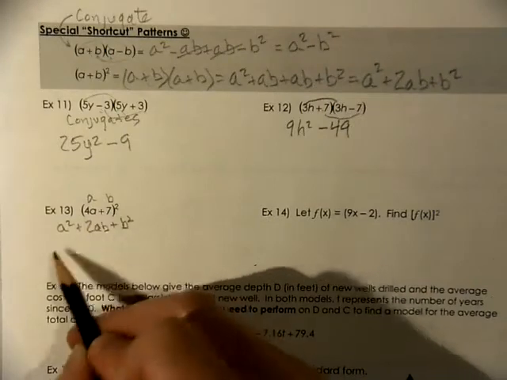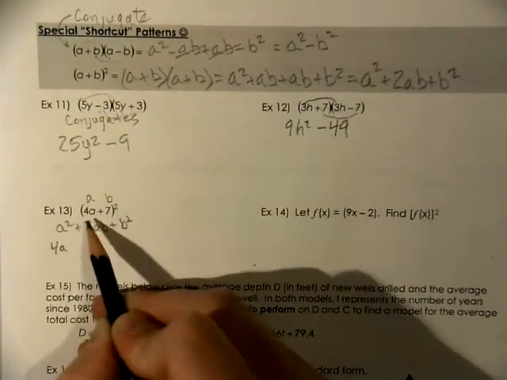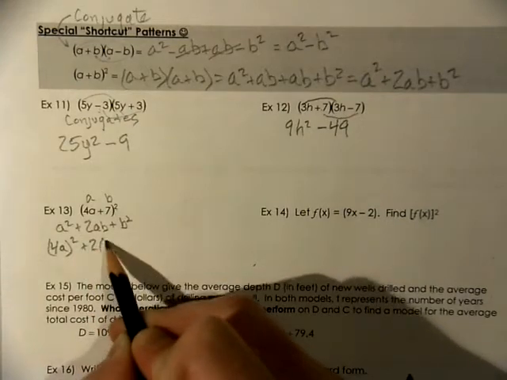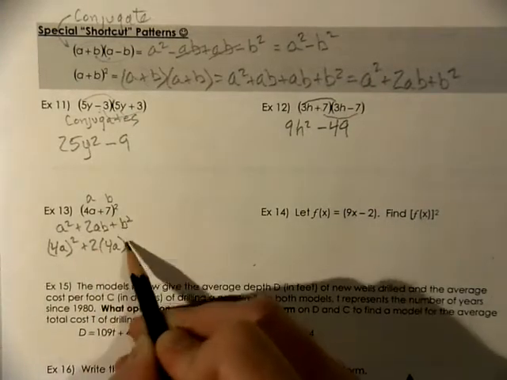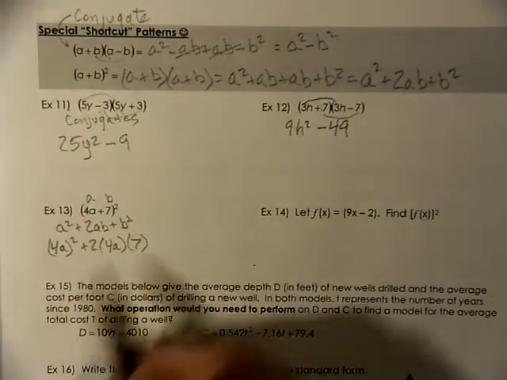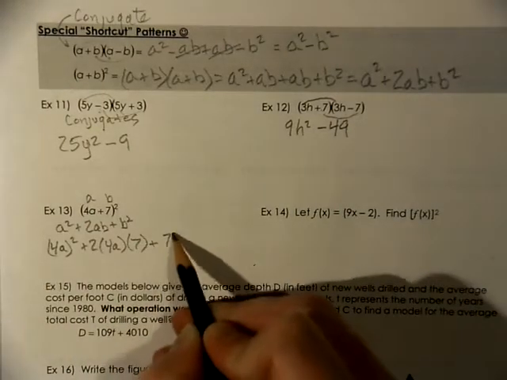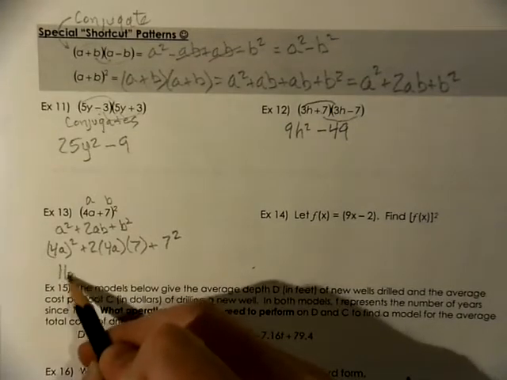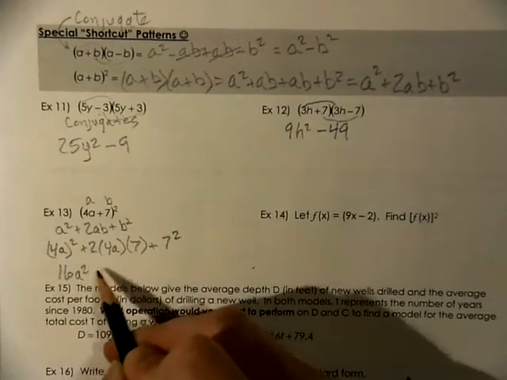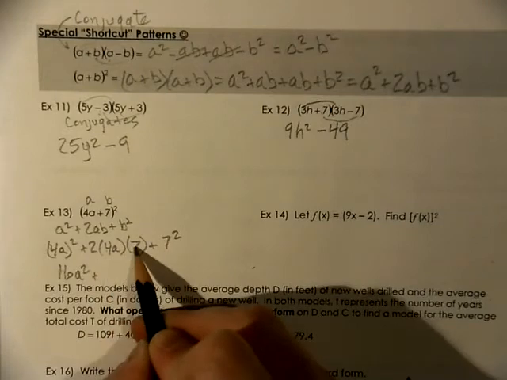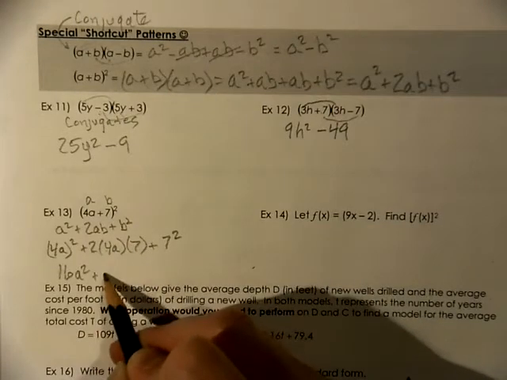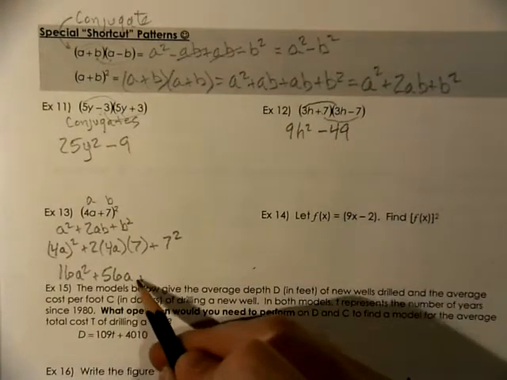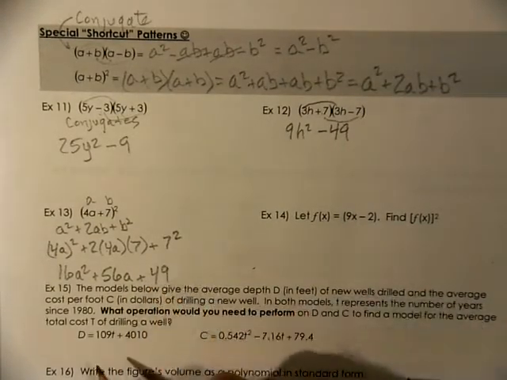So what we're going to do is take our a term, 4a, and we're going to square it. 2 times 4a times the b term, plus the b term squared. So we can simplify that into 16a squared plus 28 times 2 is 56a plus 49.